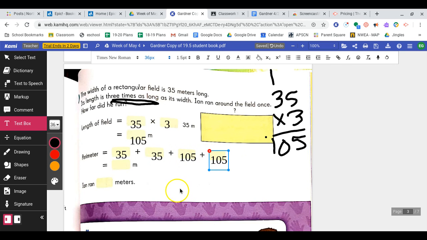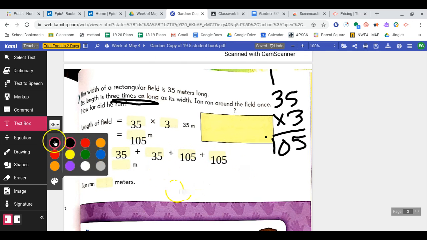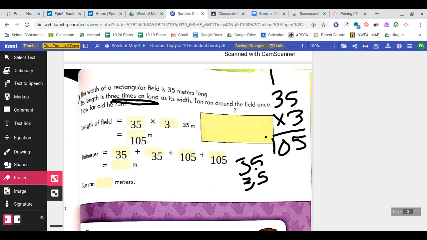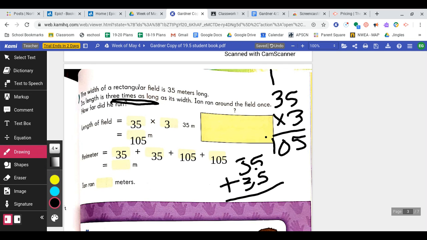Okay, so 35 plus 35 plus 105 plus 105. You can stack your numbers for this if you need to. Oops, that looks like I was multiplying, but we add for perimeter. You could have also multiplied 35 times 2 and found the answer.